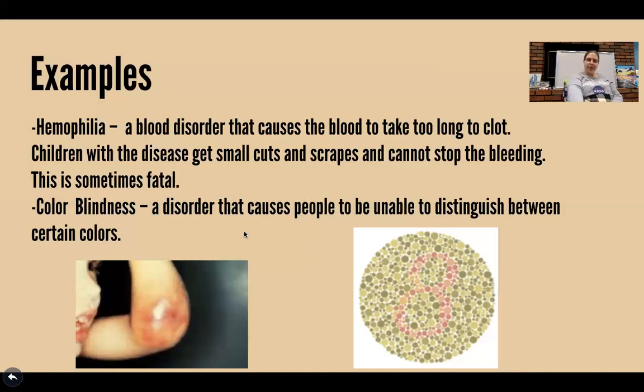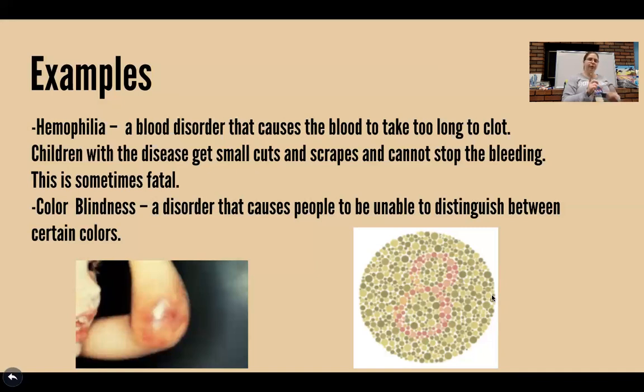Now, the bottom right picture is actually a type of colorblind test. Many of us, if we do not have colorblindness, can see that most of the circles are shades of green, but then inside there are shades of red that make up the number 8.